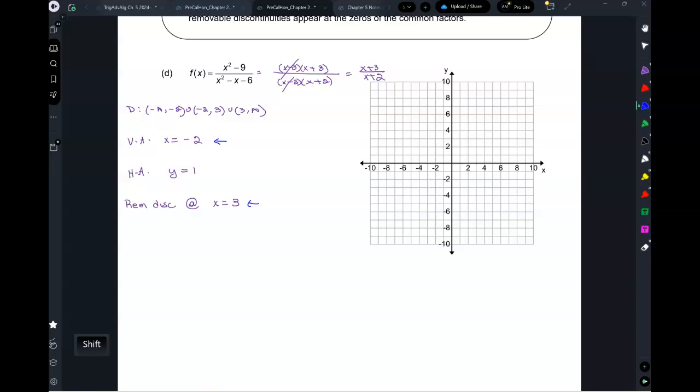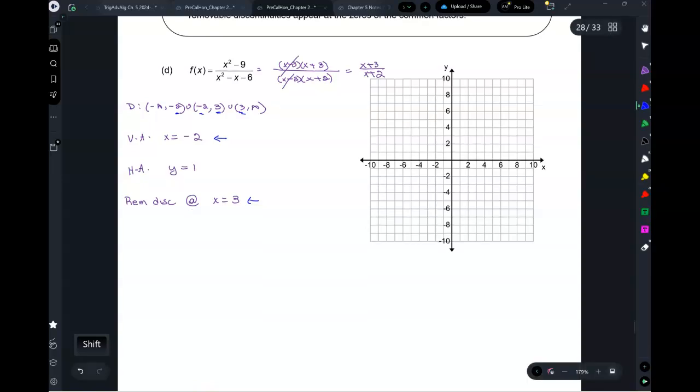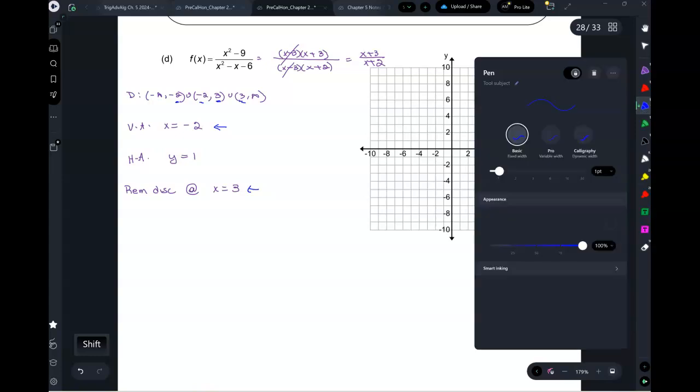But the function is undefined at both of those points. So both of those points have to show up in the domain, right? And whatever values are excluded from the domain, -2 and 3, they have to show up again as either a vertical asymptote or a removable discontinuity. None of them can be unaccounted for. Yes? Cool. Okay, fabulous. That's what I forgot to stress to the other class.